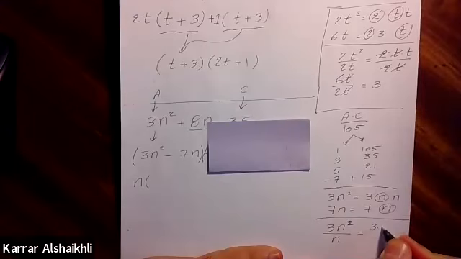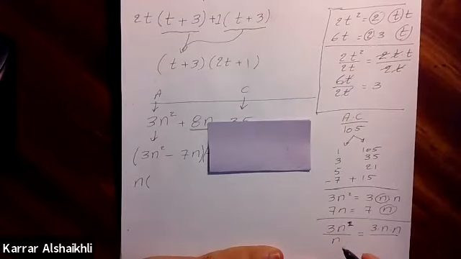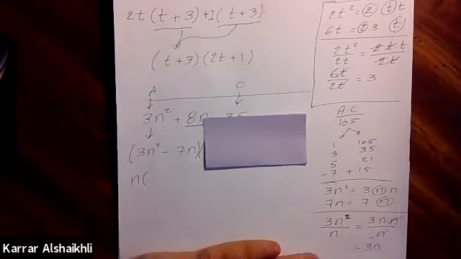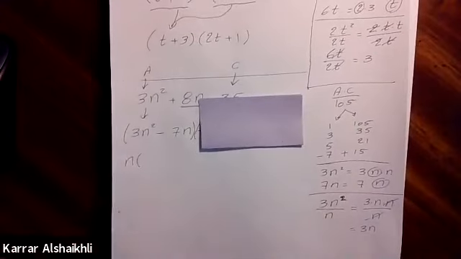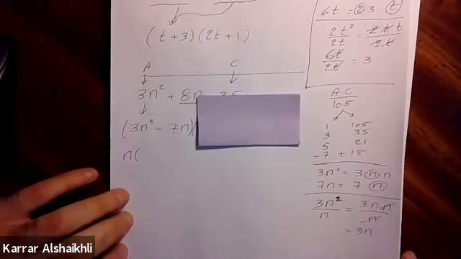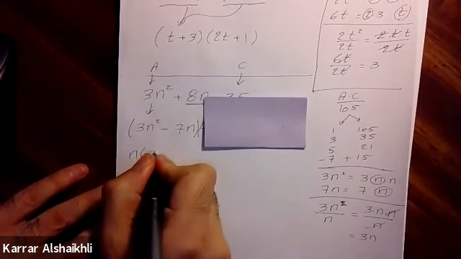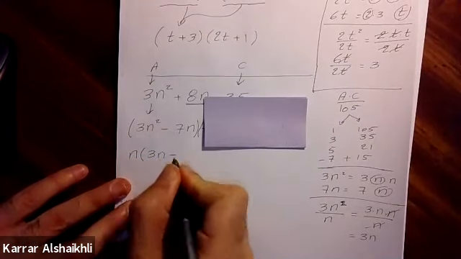Let's do it. 3n squared is 3 times n times n, and here's the n. We're going to cancel one n, so the leftover is just 3n. Because you're dividing 3n squared by n, it's going to be 3n minus.